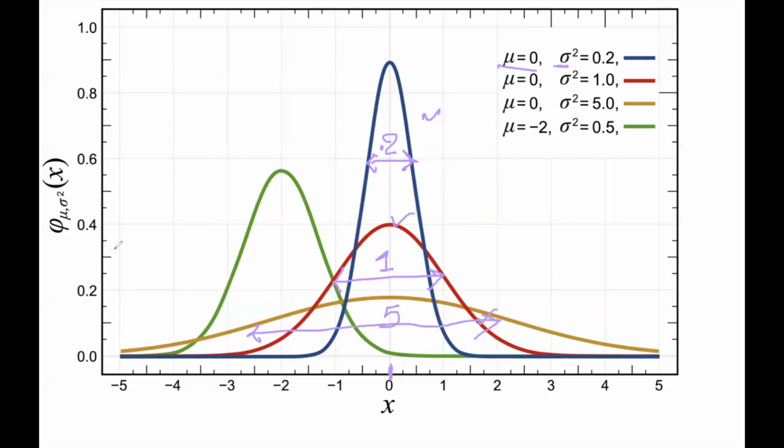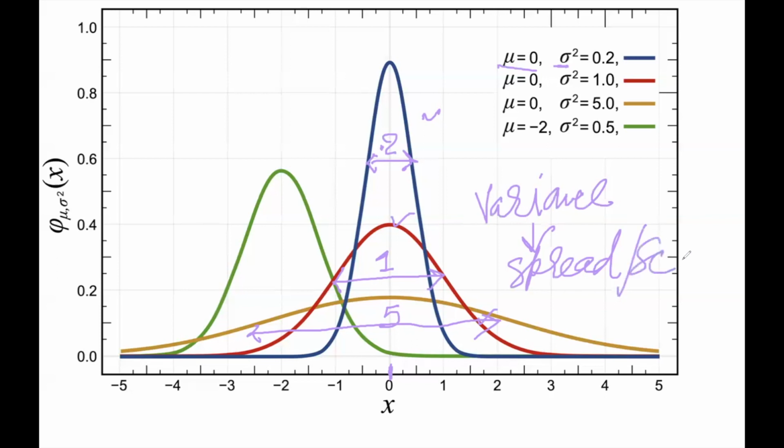So we do know that variance is basically a measure of spread, or you can say scale. It's also called scale in probability and statistics.